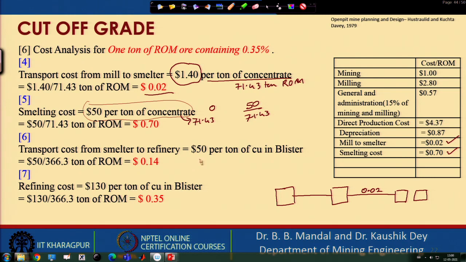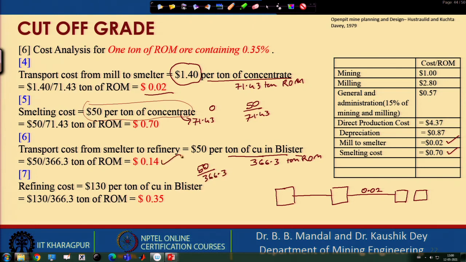Similarly, the transportation cost from the smelter to the refinery is considered, which is based on per ton of copper in the blister copper, and we know 1 ton of copper in the blister copper is obtained from 363.3 tons of ROM. So, we are converting this 50 by 366.3.